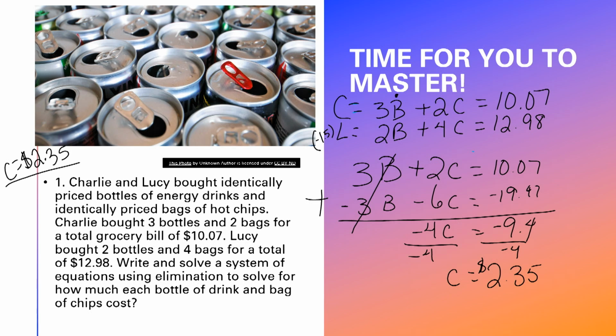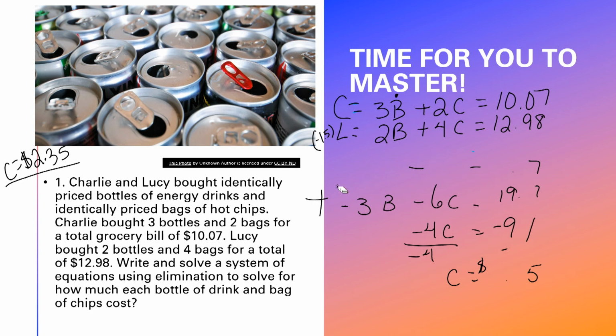So now that I have found how much my chips are, let me plug that back in to see if I can find out for my bottles. Now I'm going to have to erase my work so I can have room. So make sure that everybody's work looks something similar. And then I'm going to erase.